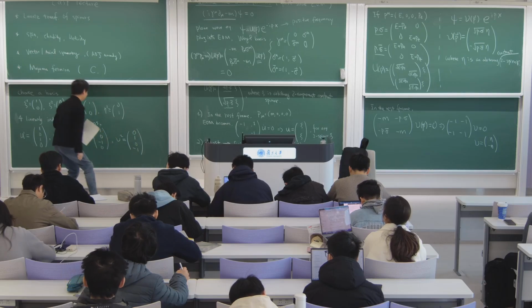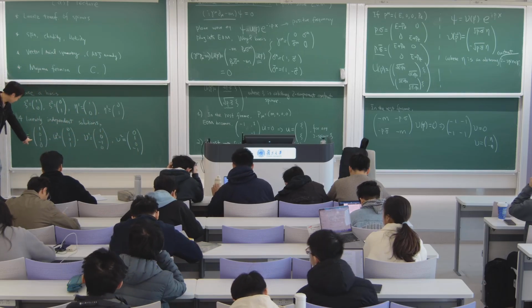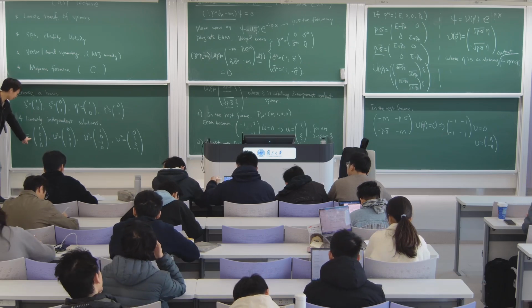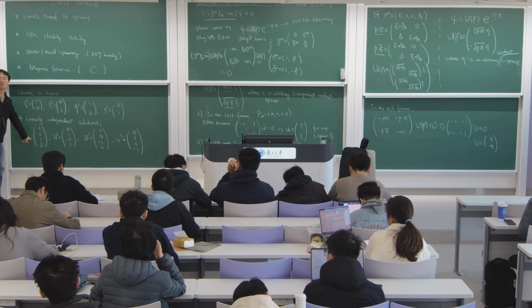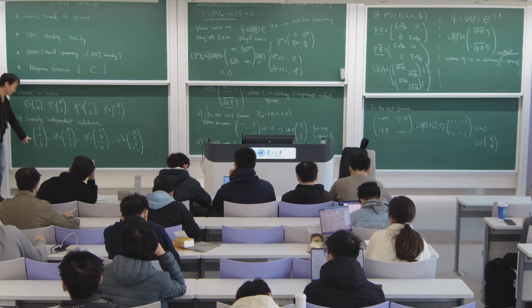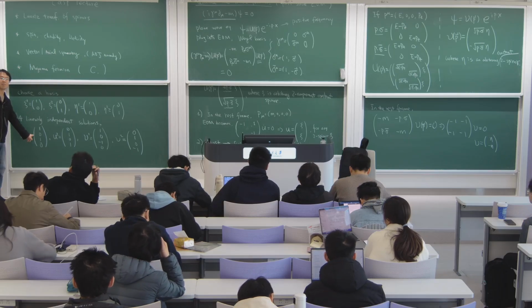Sometimes in the textbook we include some prefactor, some overall constant here, but this just comes from the normalization. It's not important. For different normalizations, you can include some square root of mass.